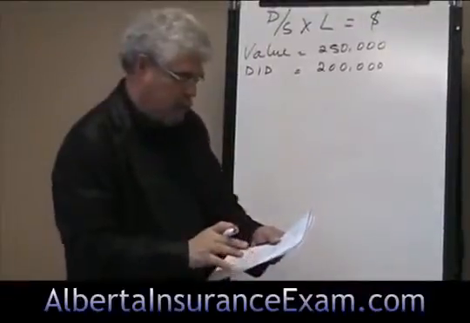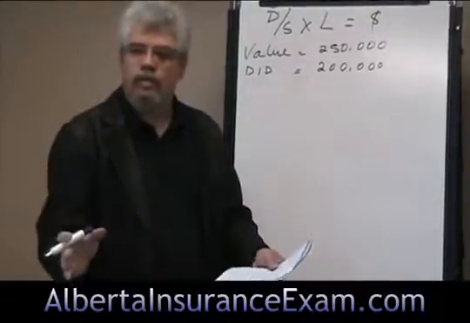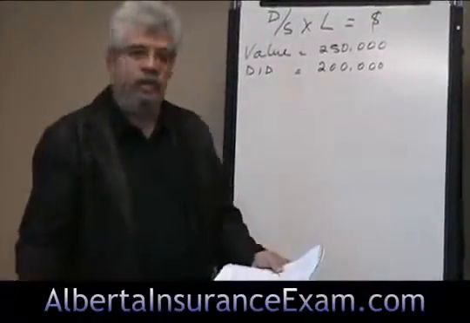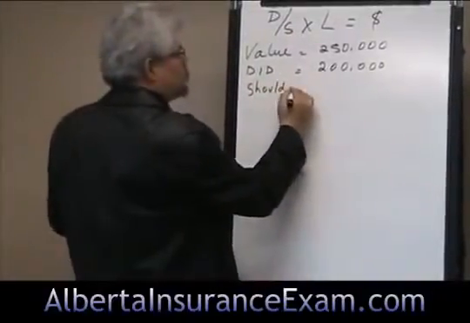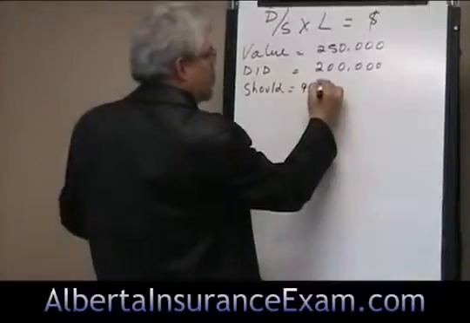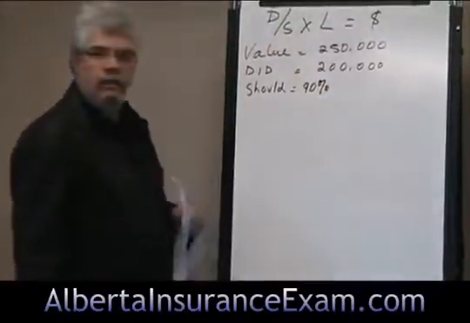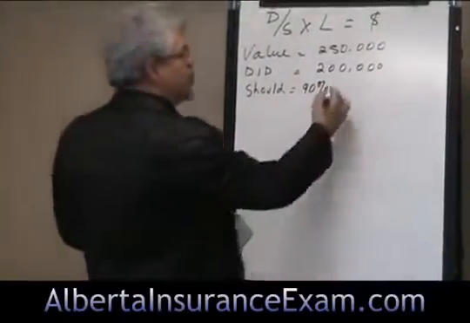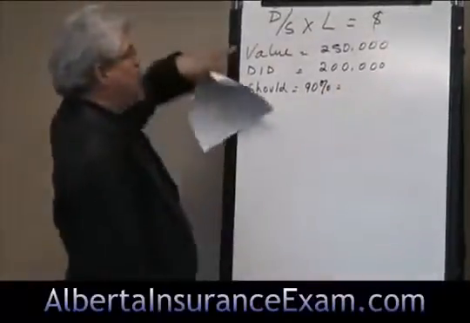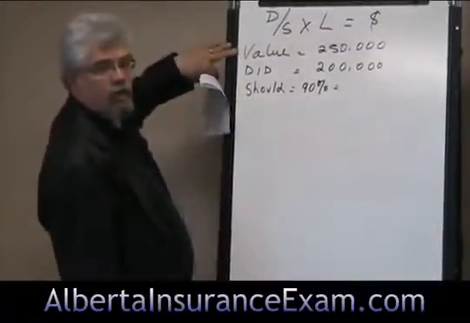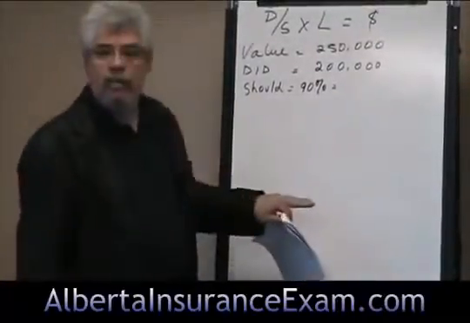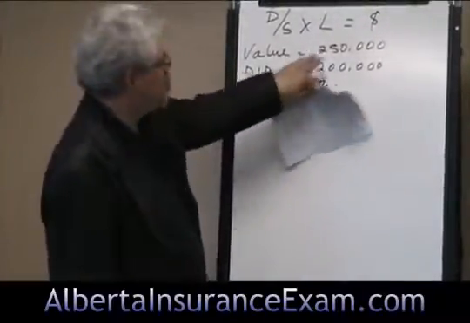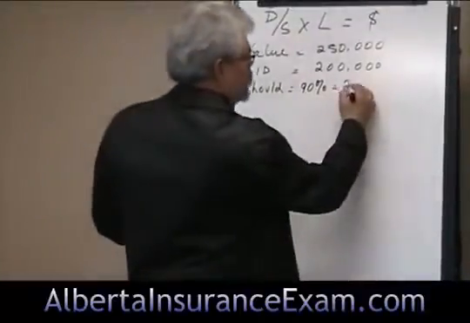On a policy with a 90% coinsurance, that's the should. He should have bought. That's what the insurer says. In this case, the coinsurance clause is 90%, so you should have bought 90% of the value. 90% of $250,000 is $225,000.